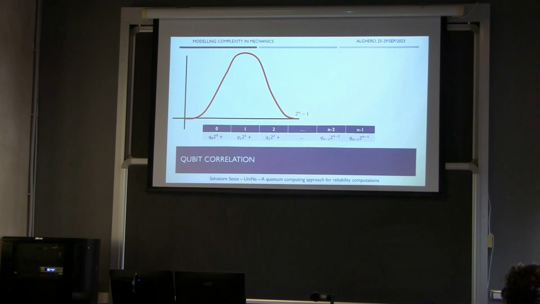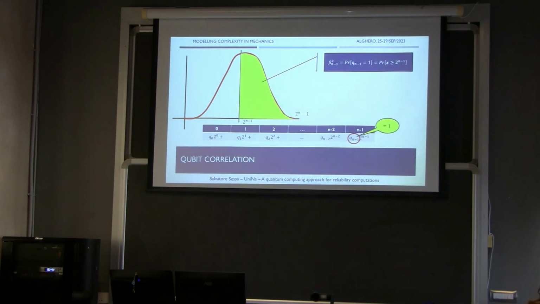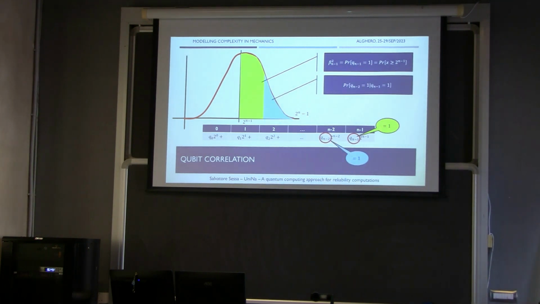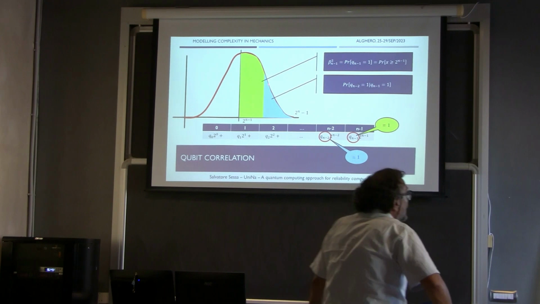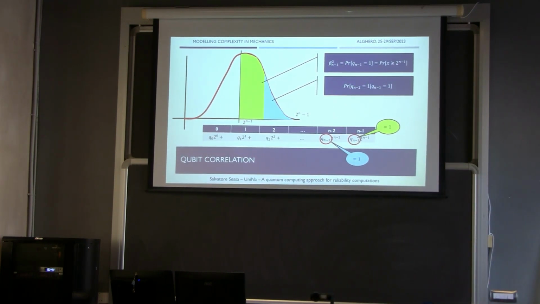Okay, if we have such a probability density function and we set that the last qubit is equal to 1, then this is the probability relevant to the last qubit, but when we go to the n-2 qubit, then the probability that this is 1 is the blue area underneath the curve.